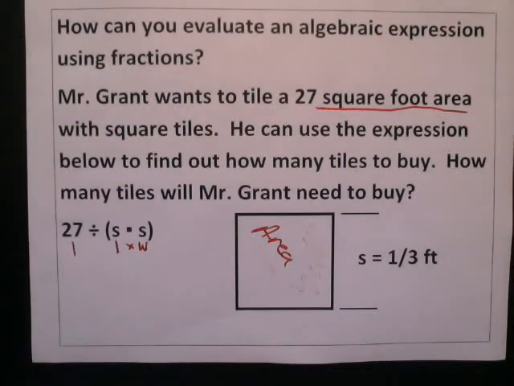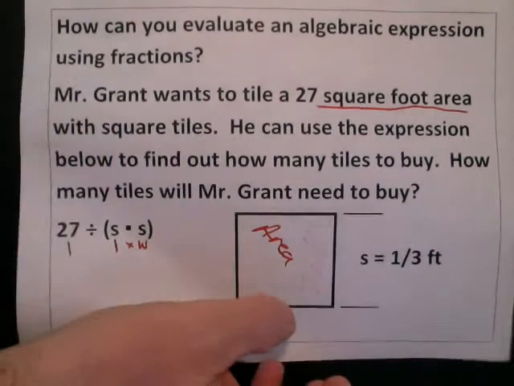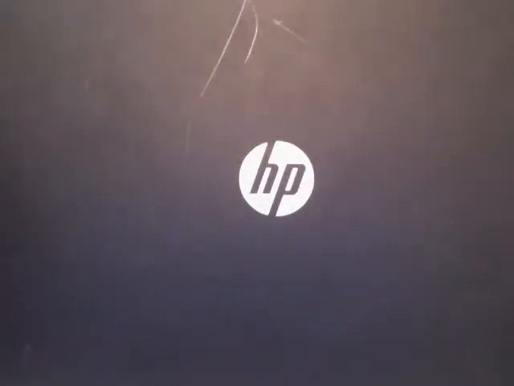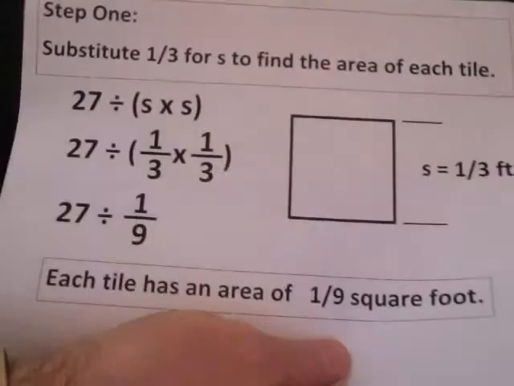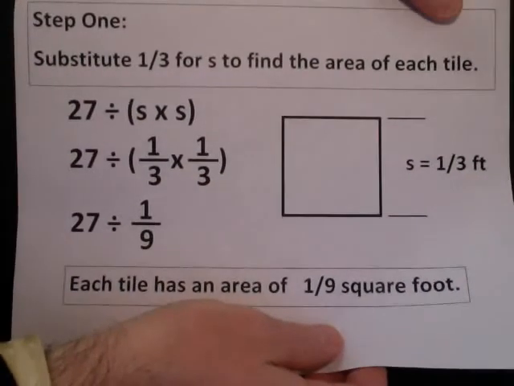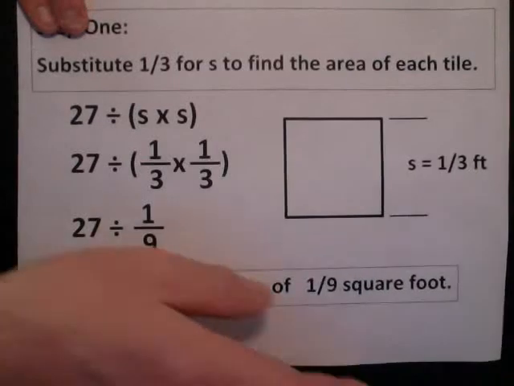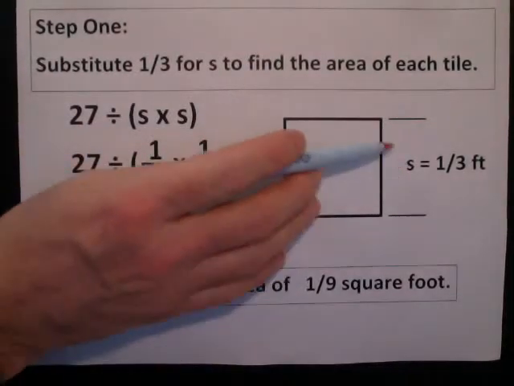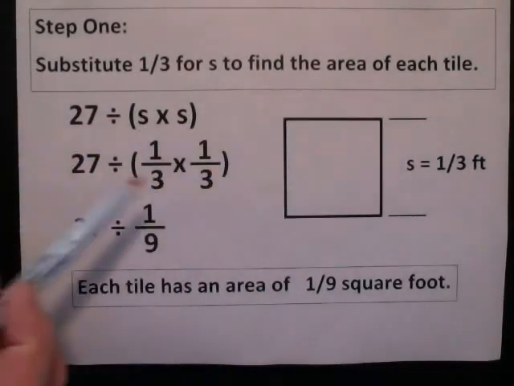The book then goes on to give you a solution for solving this problem. The first step they tell us to do is to substitute 1/3 for S to find the area of the tile. Here's what the tile is.